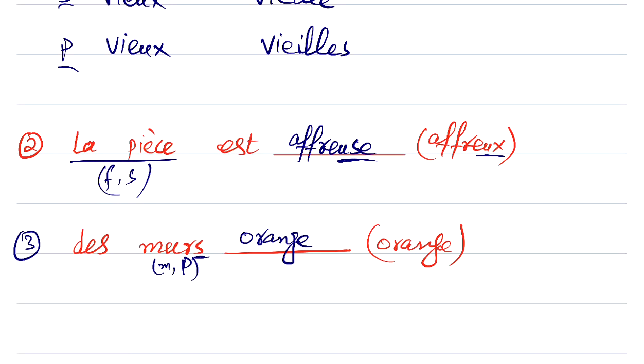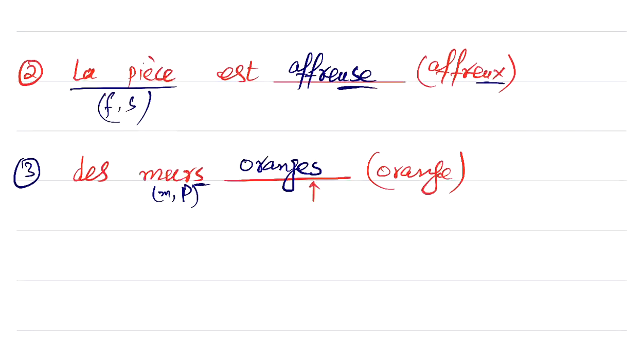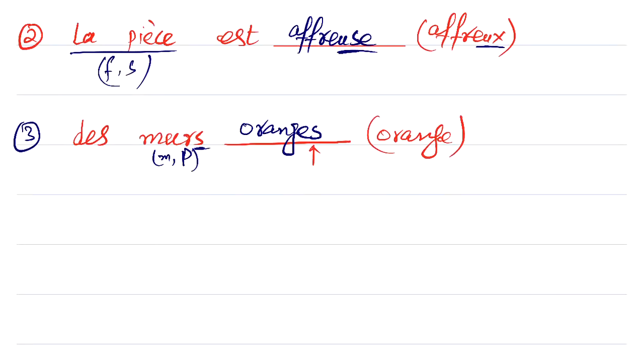So for masculine we add nothing, but for plural we add s. So this is the correct form of this adjective. Des murs orange.